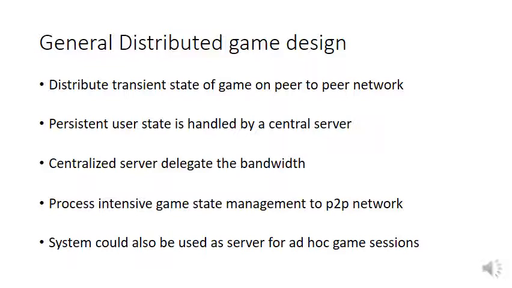So let's say I'm in a region A, and if there are four more players in region A, then the transient state of the game for the five of us is region A. So that's what we are distributing over this network. Each player is in some region, and that region is a transient state, and that state is distributed on the network.